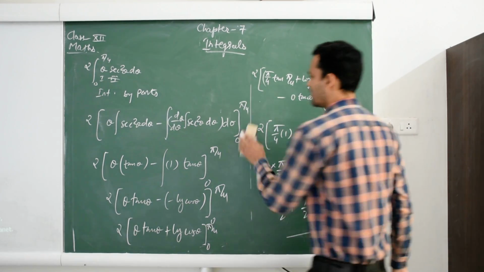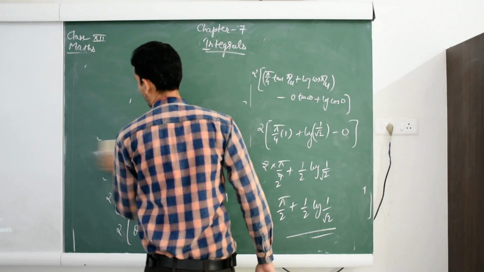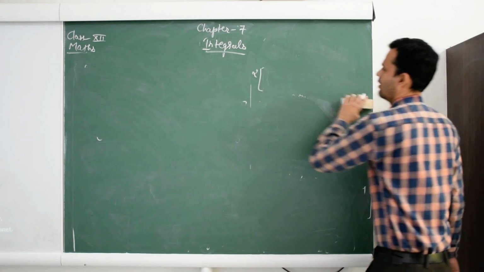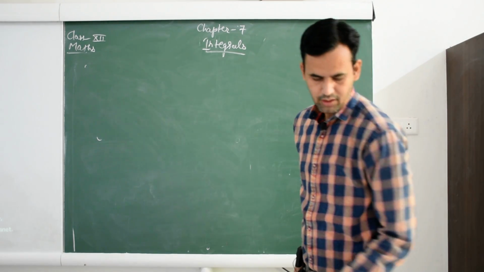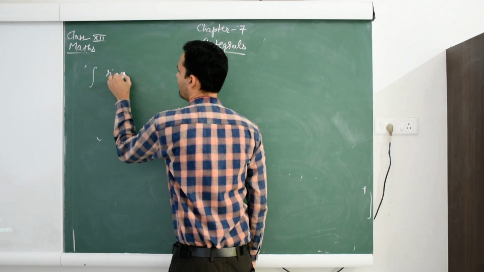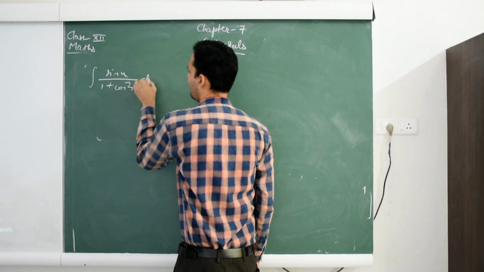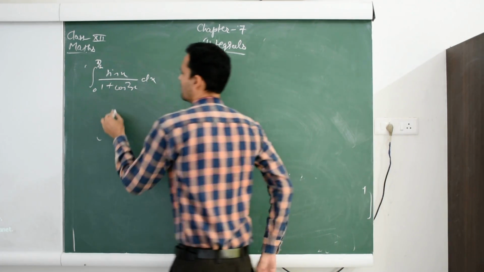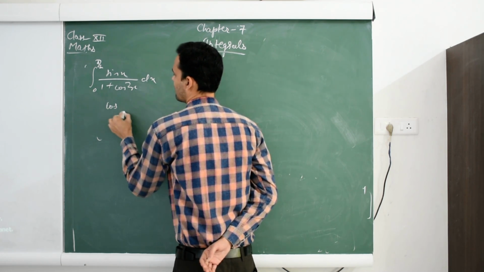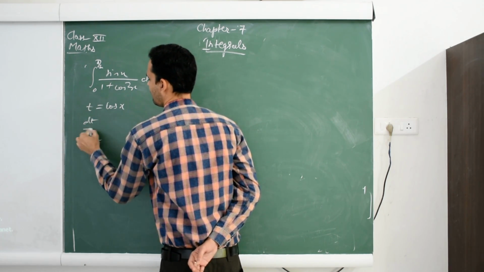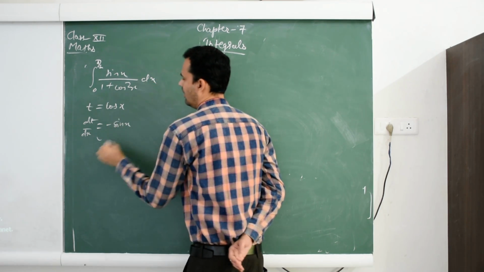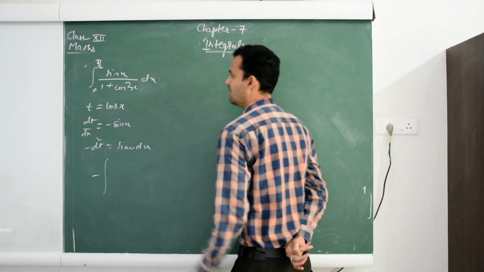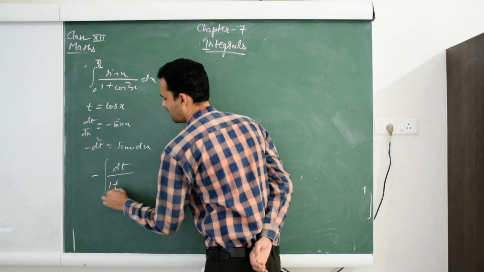Okay, next question, question number 5 of this exercise 7.10: the integral from 0 to pi by 2 of sin x upon 1 plus cos square x dx. So take cos x equals t, dt by dx equals minus sin x. So minus dt equals sin x dx, and this becomes minus dt upon 1 plus t square.